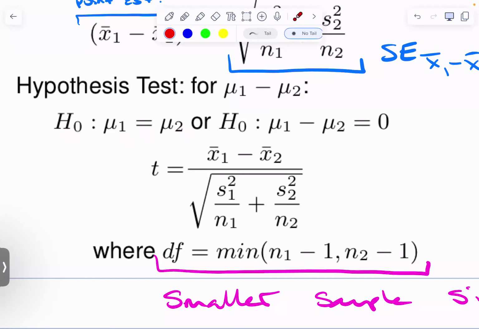Until I have proof otherwise, I have to assume that they are the same. I want to highlight the "or" here because it's just whatever you prefer. Or you can use mu1 minus mu2 is equal to 0. The difference between the 2 means is 0. That traces back to the paired data as well. If I have 2 groups and they're the same, then the difference should be 0. Okay?